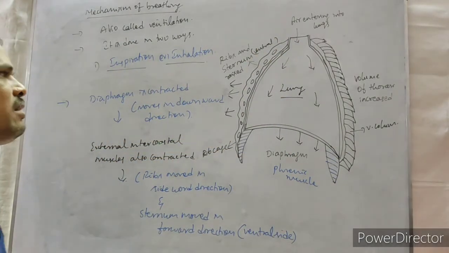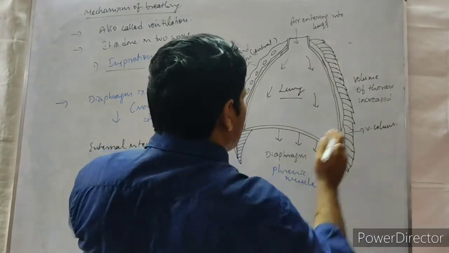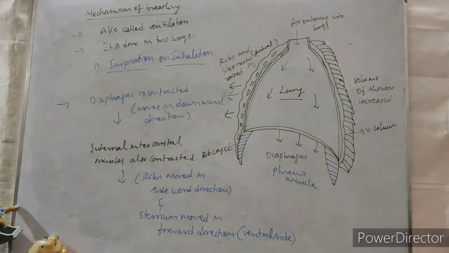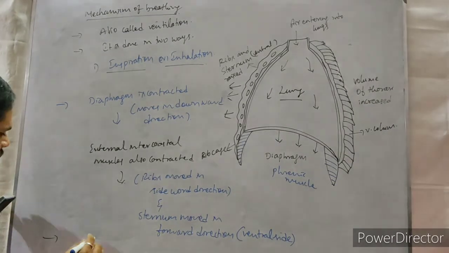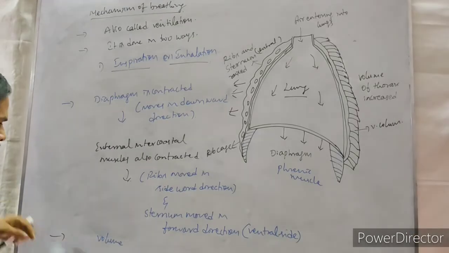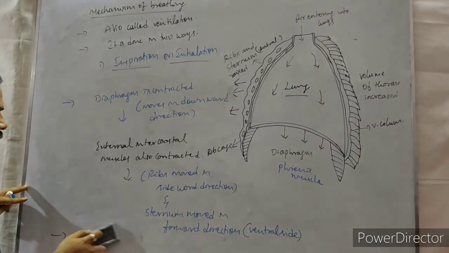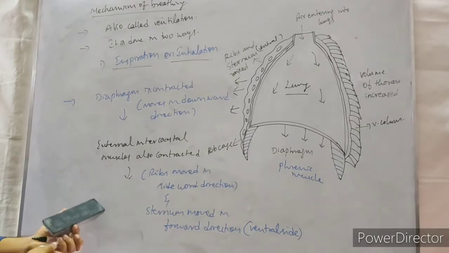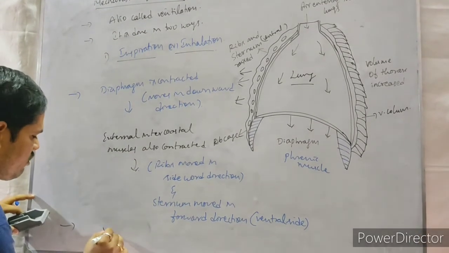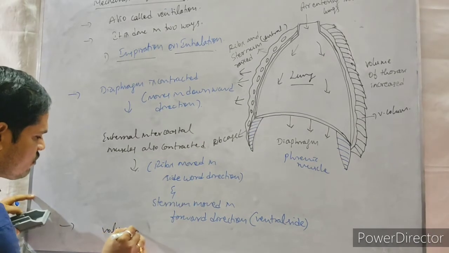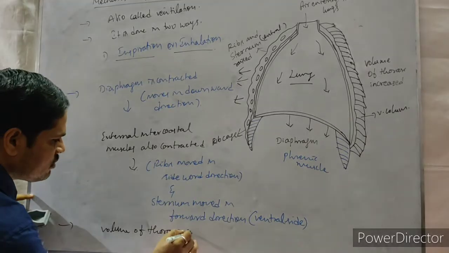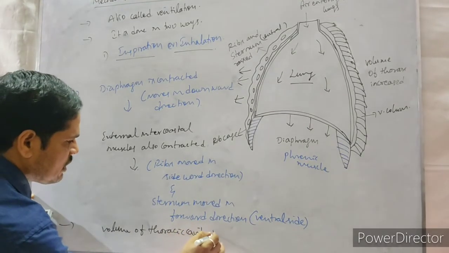So what happened? Finally, the volume of the thoracic cavity increases. Because of contraction of the diaphragm and external intercostal muscles, the volume of the thoracic cavity increases.